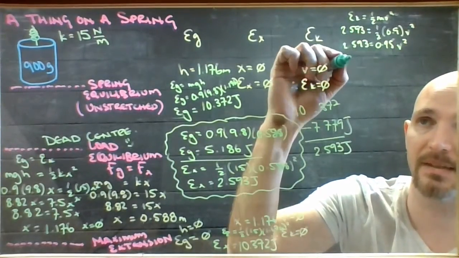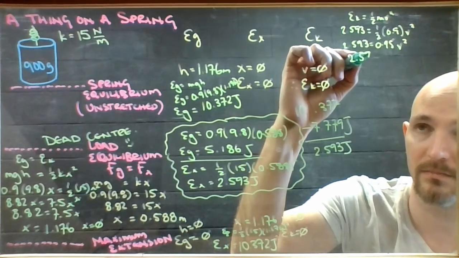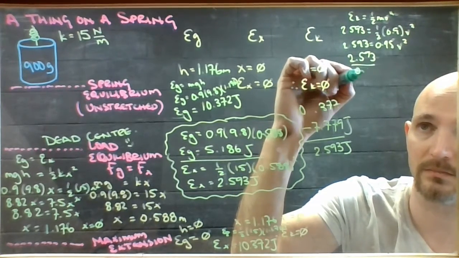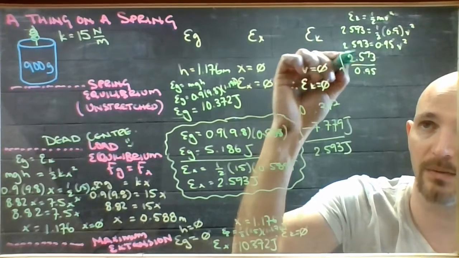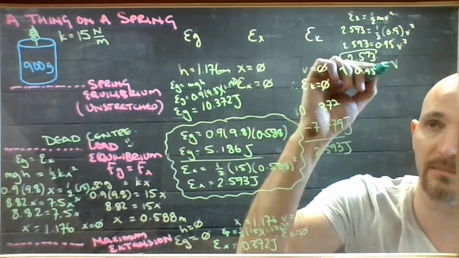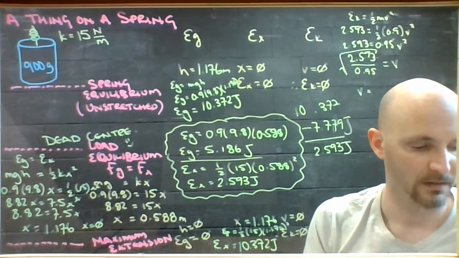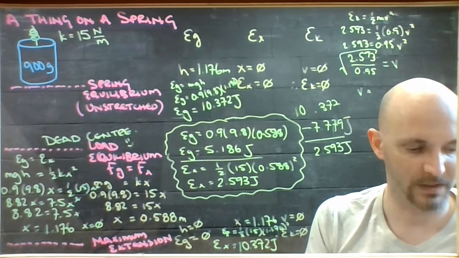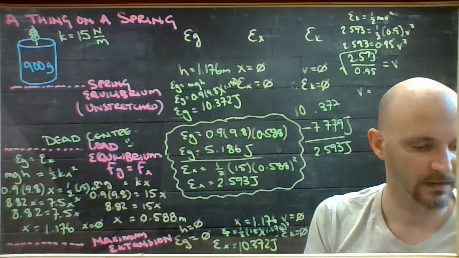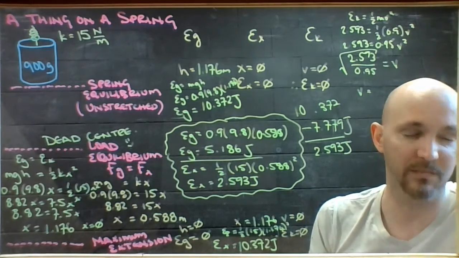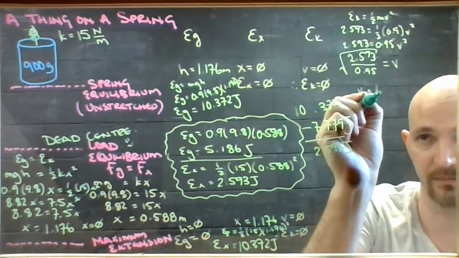Divide this by this, and square root, I should be able to get my v. 5.95, square root of my answer, I get 1.65 meters per second.